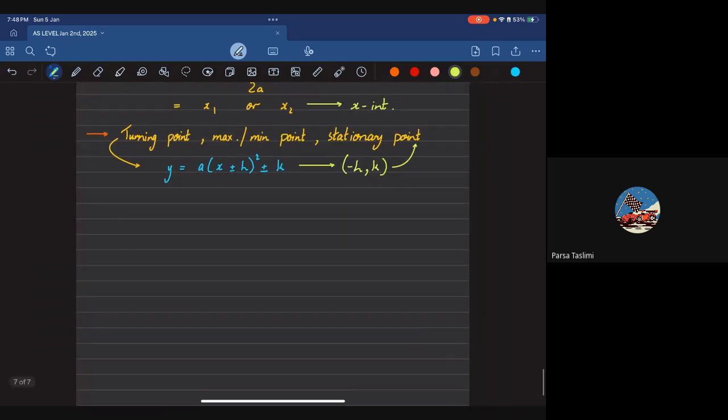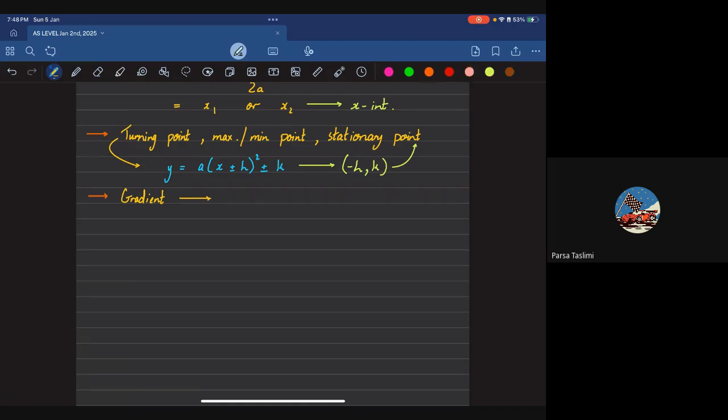And now we also know, how do you calculate the gradient? In order to calculate the gradient, we have two methods.